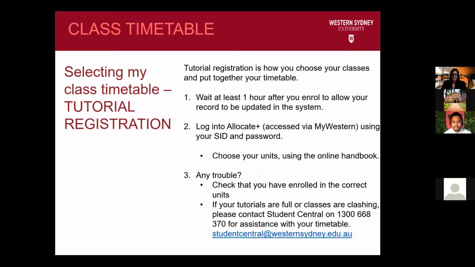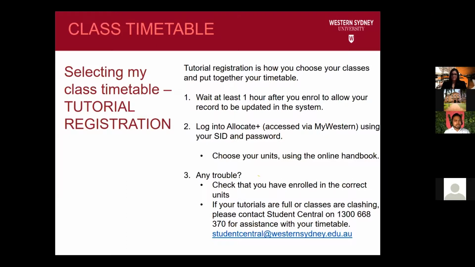Now, there is a delay period before you can access your timetable after your enrollment. So definitely wait until an hour after you enroll to allow your record to be updated in the system. Tutorial registration and enrollment are two different websites, so they take that period of time to relay that you have enrolled.